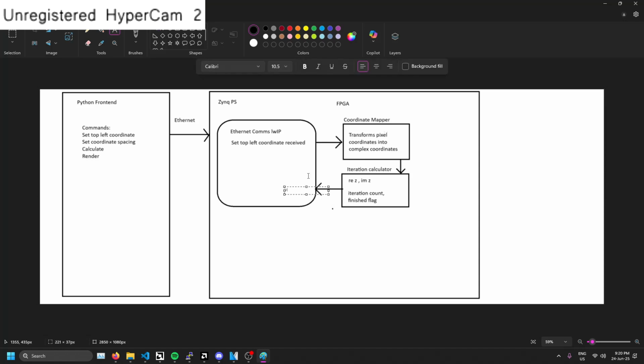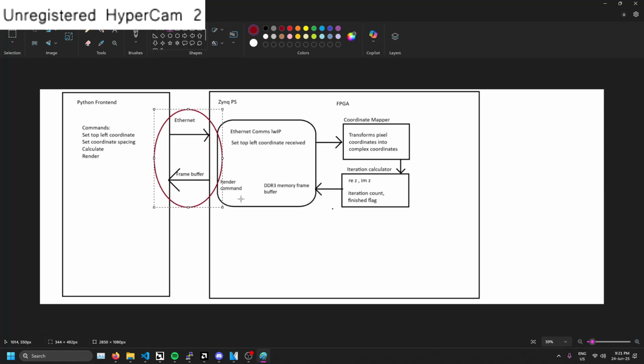And then that gets passed into an iteration calculator, and that's going to return how many iterations of the Mandelbrot set that pixel is. And then that gets fed back into the processing system into a frame buffer on the chip. Whenever we get a render command, that's going to basically dump the entire frame buffer over Ethernet to the front end.